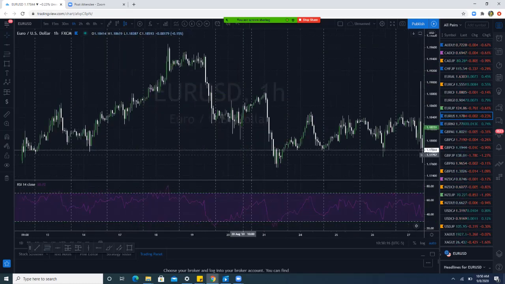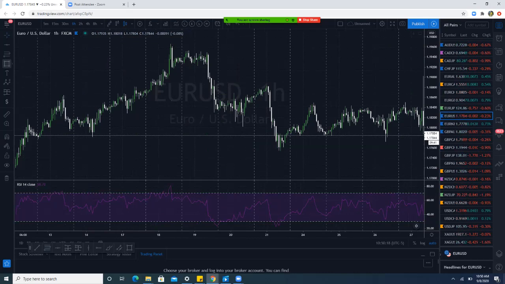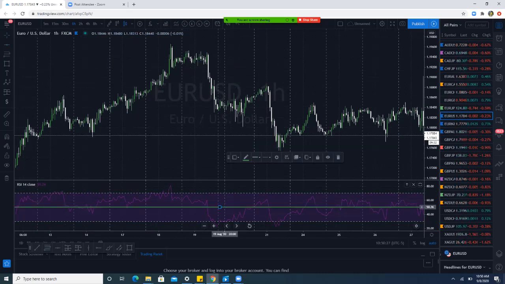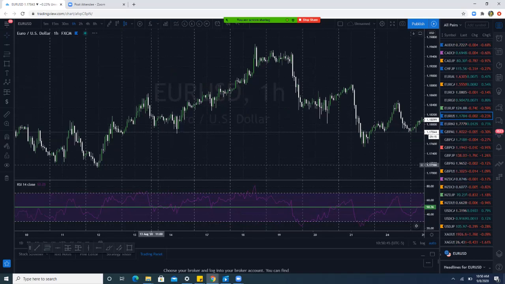The last thing I want to point out is the 50 level in the RSI. Because when the market is trending, this level becomes more prominent. The reason being is because you can find low points in a trending market at the 50 mark.